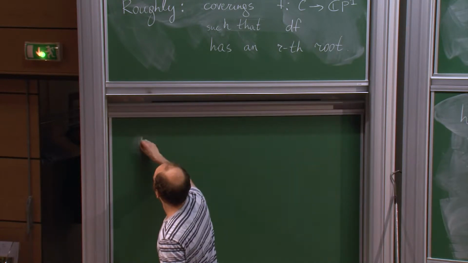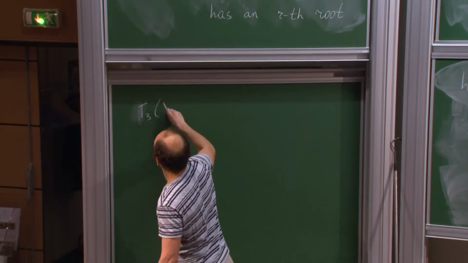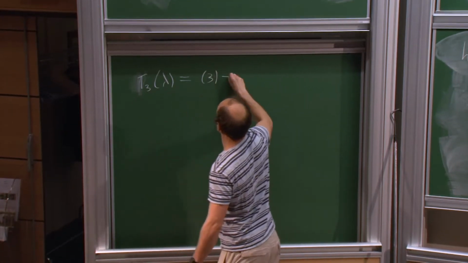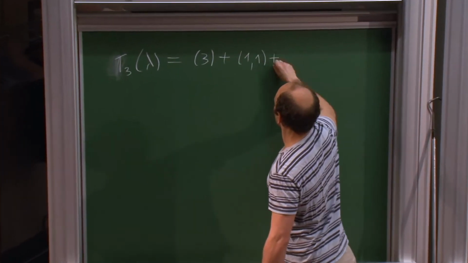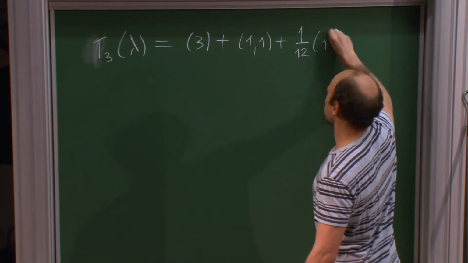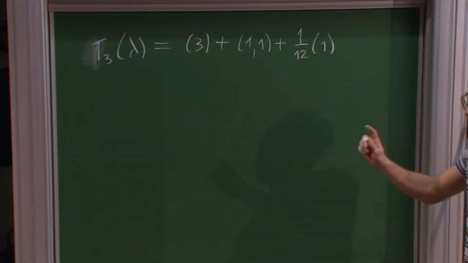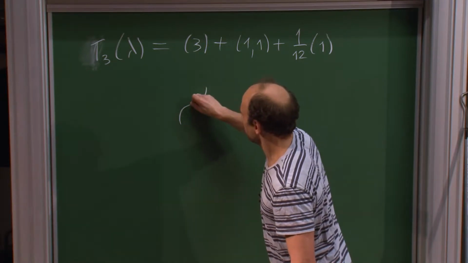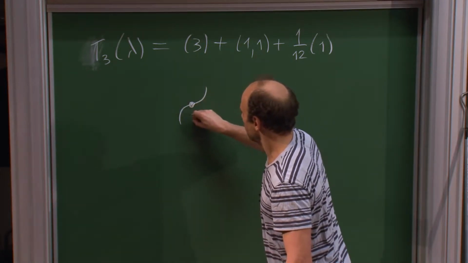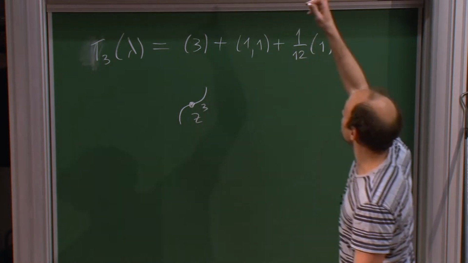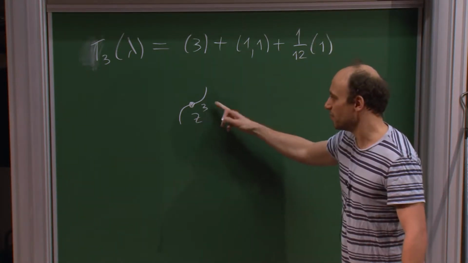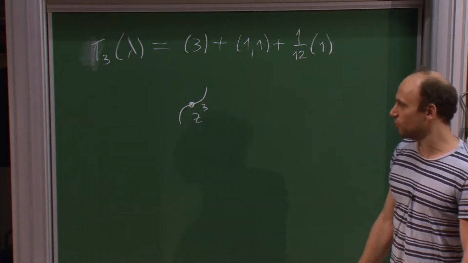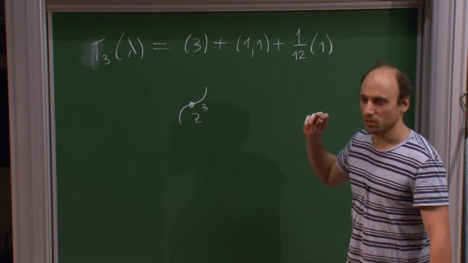So I wrote this equality: 3 plus 1, 1 plus 1/12 times 1. So now I can draw a picture associated with every term. This thing is just a critical point where this map f locally behaves like z cubed. So that's a double critical point.